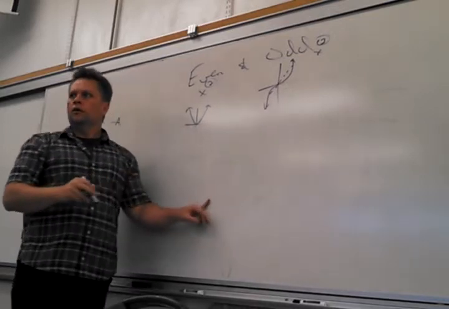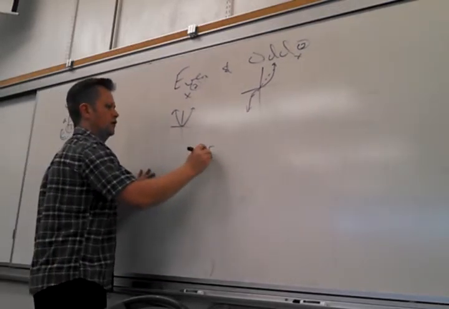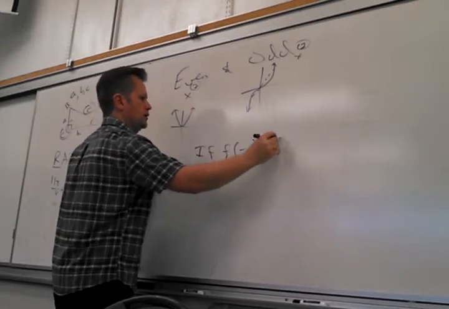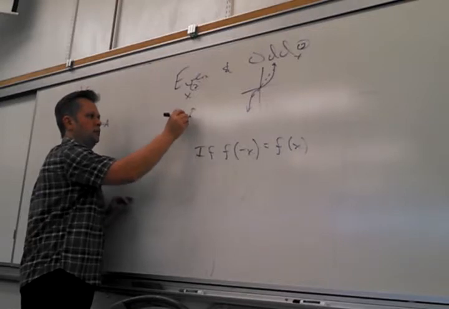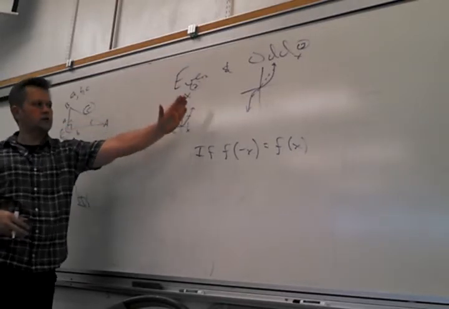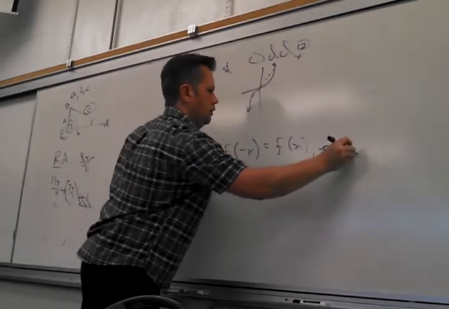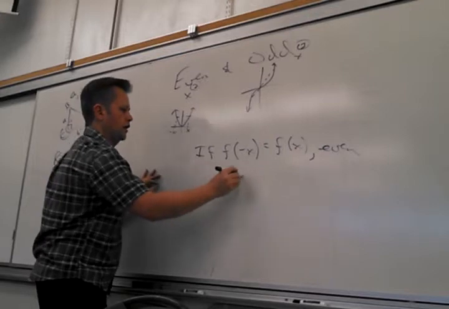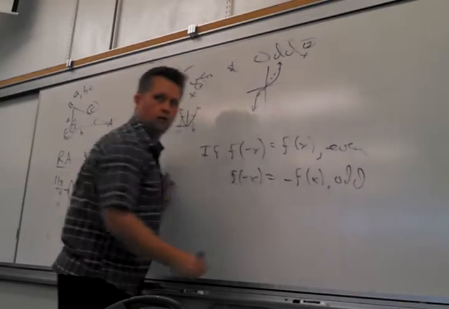The check for this, if you remember, was if f of negative x is f of x. If I plug a negative x in and I get the same output as an x would give me, that's even, because it's a mirror image across the y-axis. If f of negative x equals negative f of x, odd.